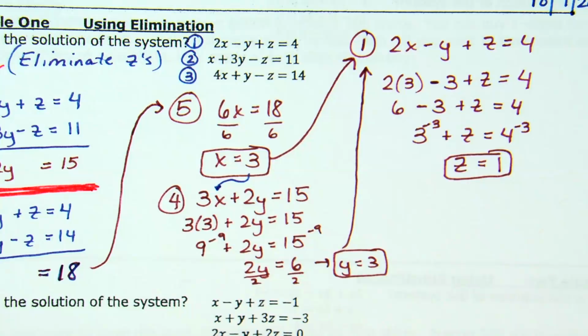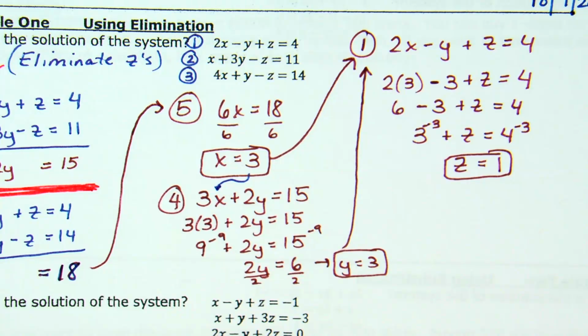Okay. Now, to express your answers, what were you doing on the quiz yesterday to express your answers? Ordered pairs. Now we're going to express them as an ordered triple. Okay? Makes sense? It's called an ordered triple. An ordered pair goes in the order x, y. An ordered triple goes in the order x, y, z.